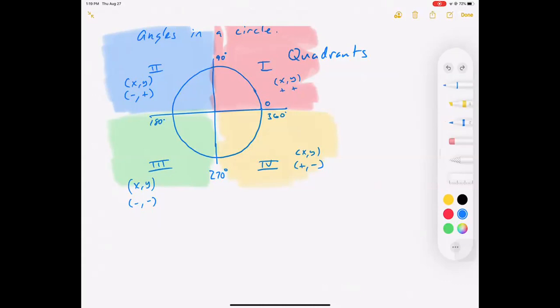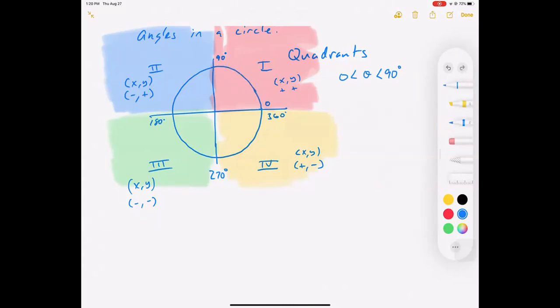Okay. Now, let's talk about some other things. In quadrant 1, so let me write this in angles. It goes between 0 degrees all the way up to 90 degrees. In quadrant 1, we consume all the angles from 0 degrees all the way up to 90 degrees.